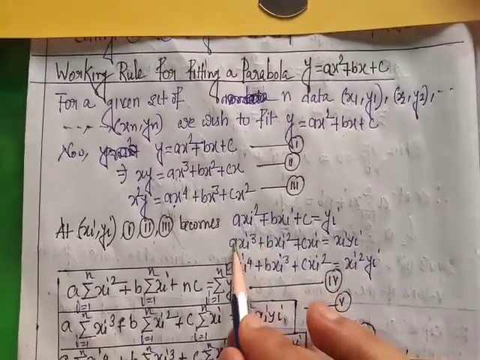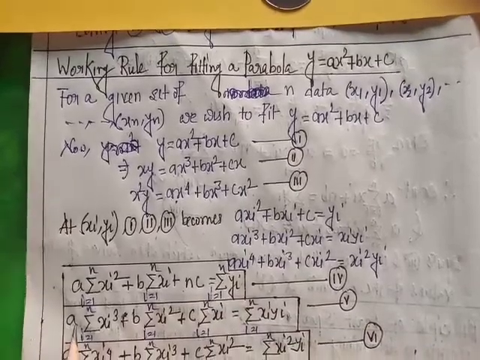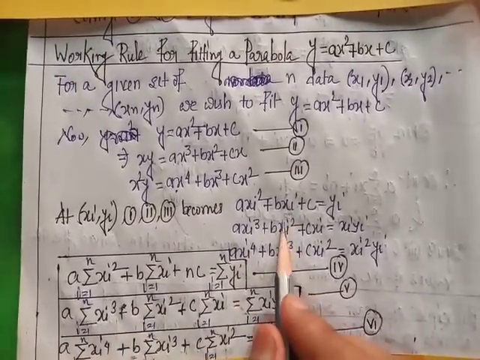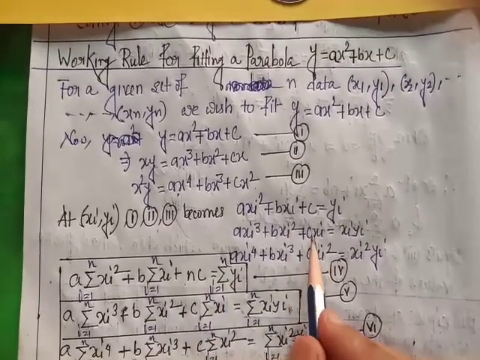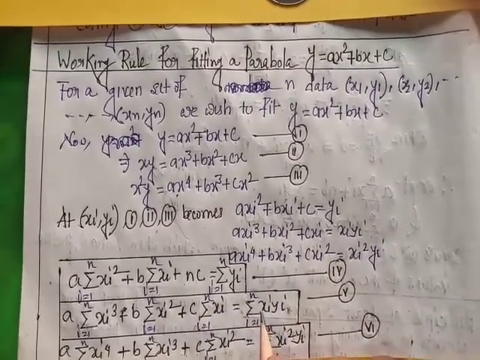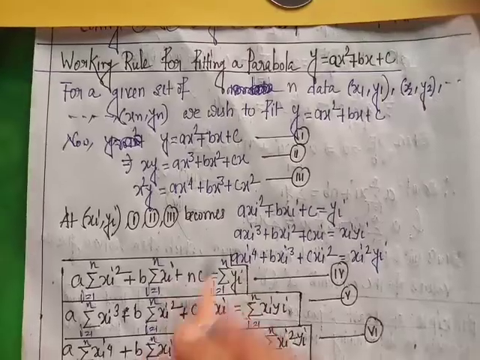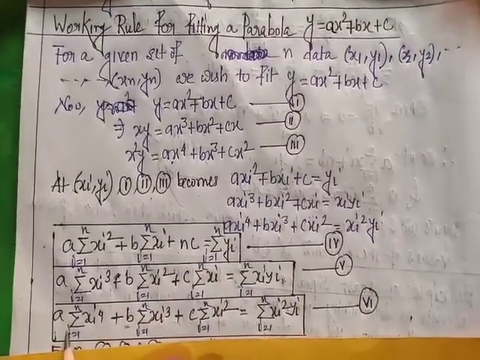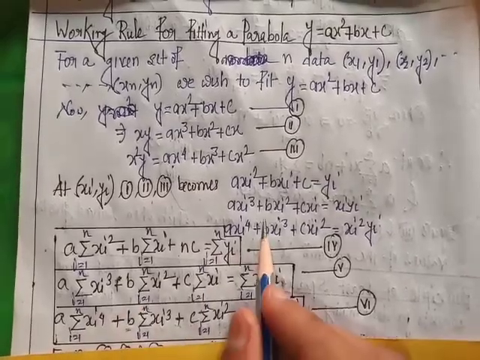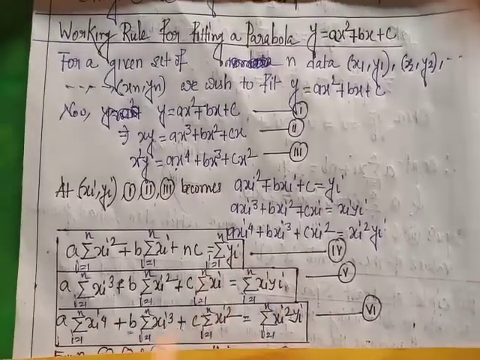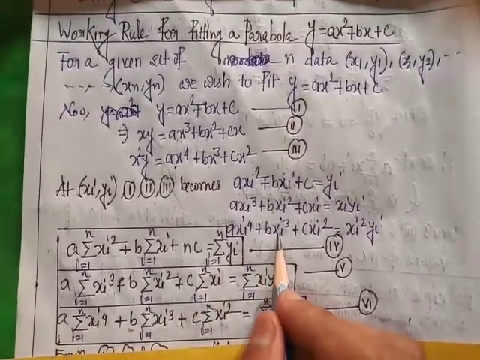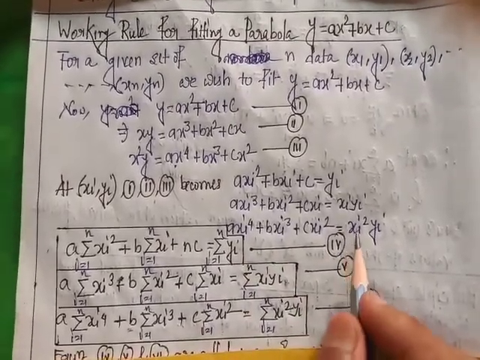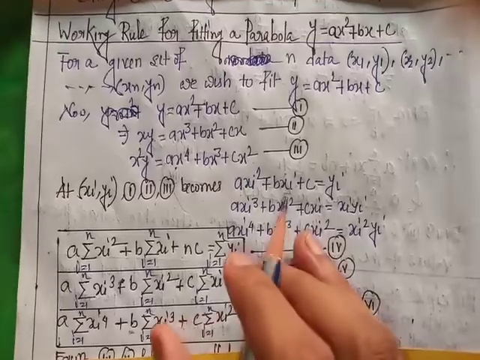If we take summation in the second equation, we get a Σxi³ + b Σxi² + c Σxi = Σxi yi. If we take summation in the third equation, we get a Σxi⁴ + b Σxi³ + c Σxi² = Σxi² yi.